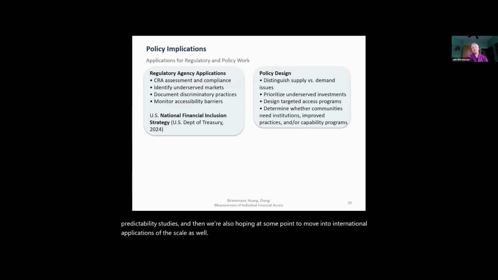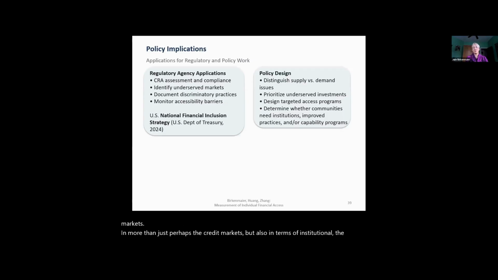We're thinking also that the scale may have regulatory applications, that over time, with the collection of data about the three different domains, this may become of interest and usefulness to regulatory agencies that are in discussion with financial institutions about their CRA assessment and compliance, to be able to identify underserved markets in more than just perhaps the credit markets, but also in terms of the institutional domain, as well as individual capability.